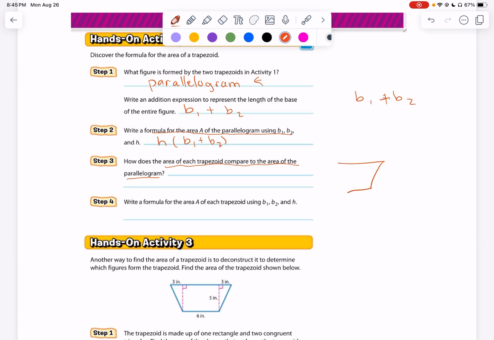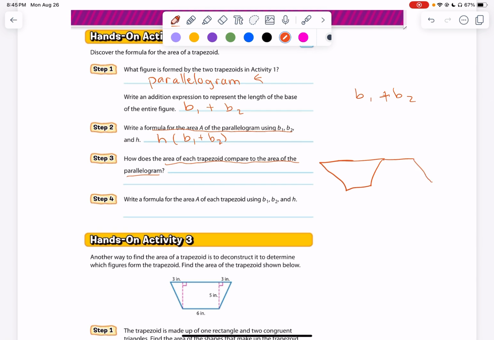Well, each trapezoid was half, right? Each trapezoid is half of the parallelogram.